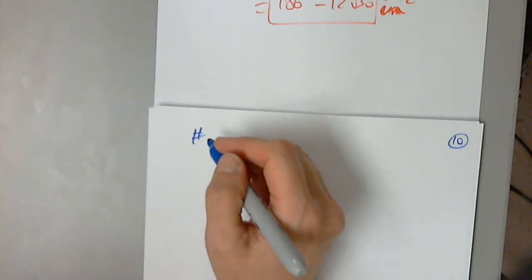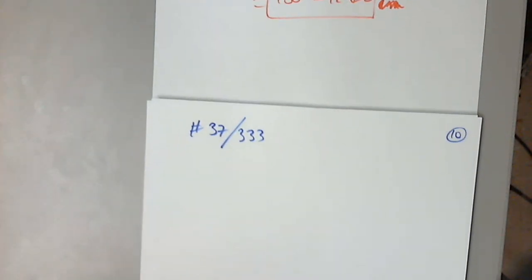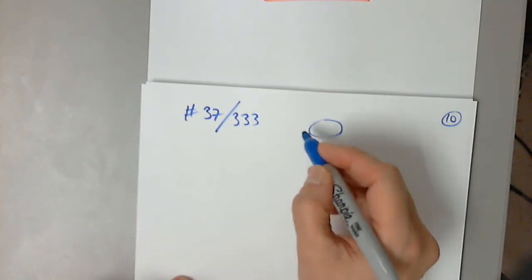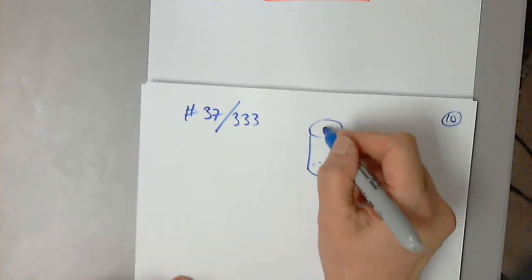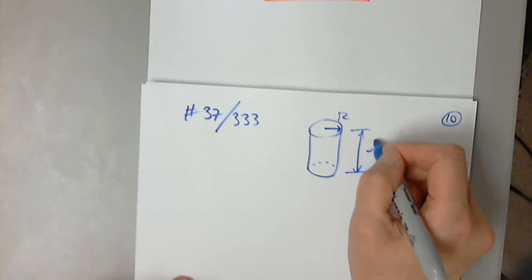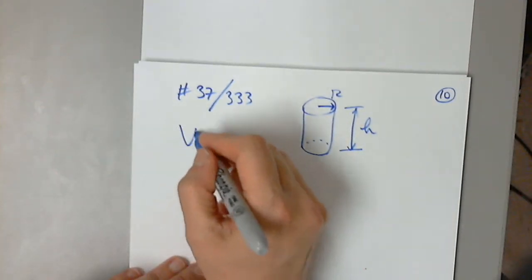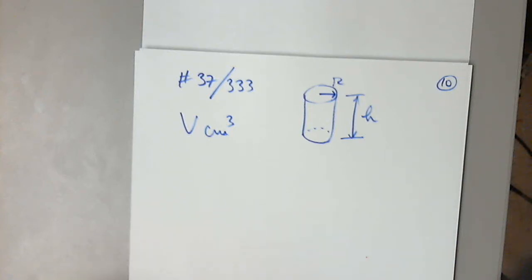So this is problem 37 on page 333. Here is the can. Here's the radius. Here's the height. The volume is in cubic centimeters. And we want to minimize the surface area, or the metal used. The quantity of metal used to make the can.